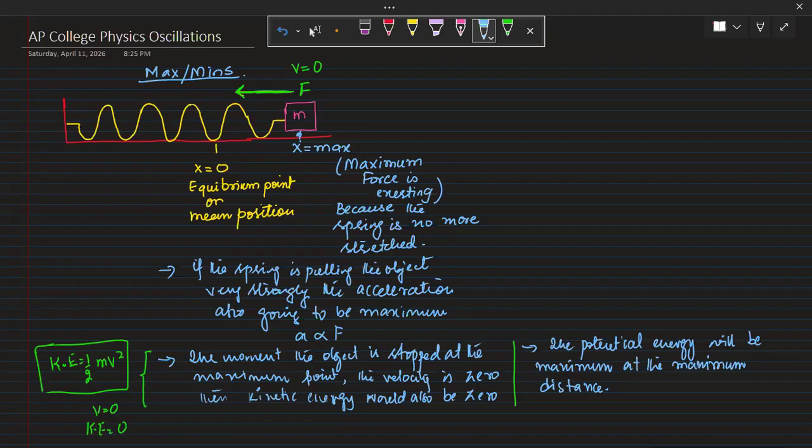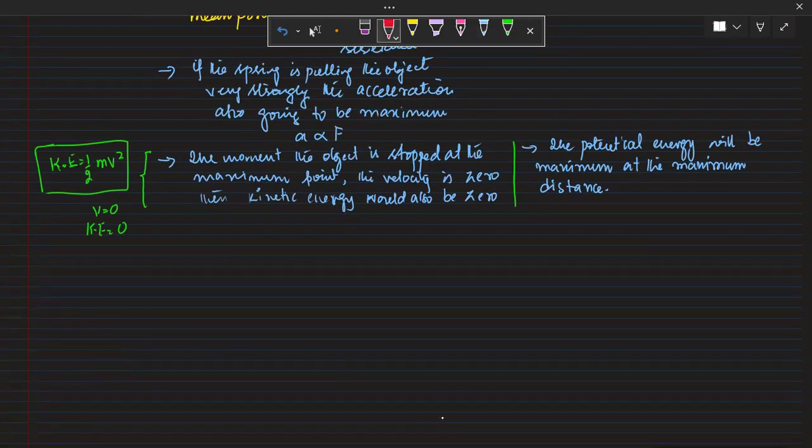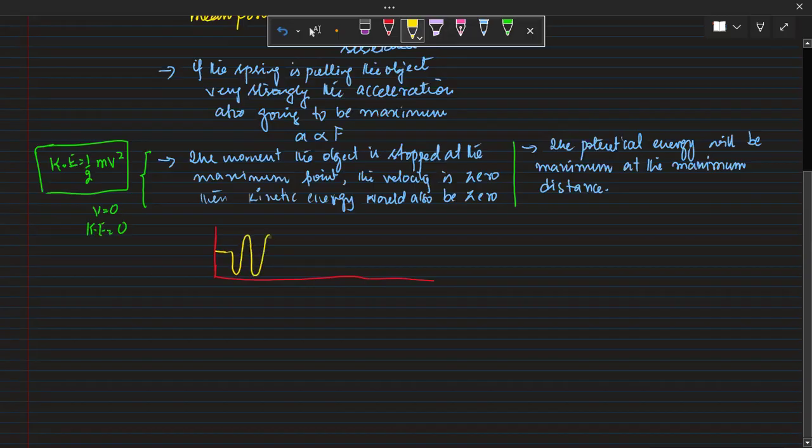Now, if the object is in motion, let's have another case. This time we have this spring which is connected to the mass m, and here we call it x equal to 0.